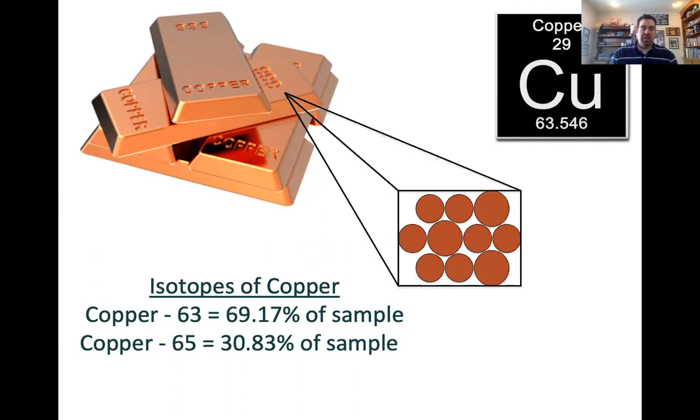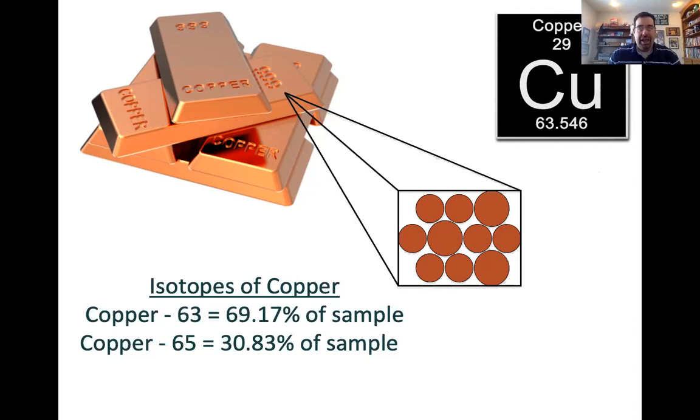And the difference, of course, is copper 65 has 2 more neutrons than copper 63, right? They both have the same number of protons, but there are 2 more neutrons in copper 65. Right, and of course, if you look up here, you can see that the weighted average is given to us on the periodic table. It tells us that it is approximately 63.55 what we call atomic mass units.